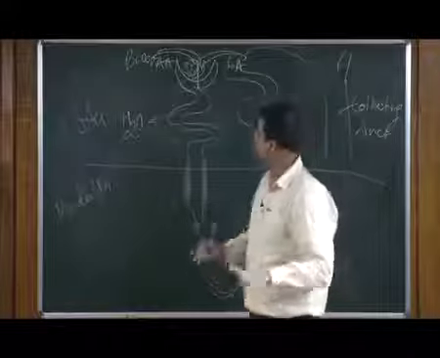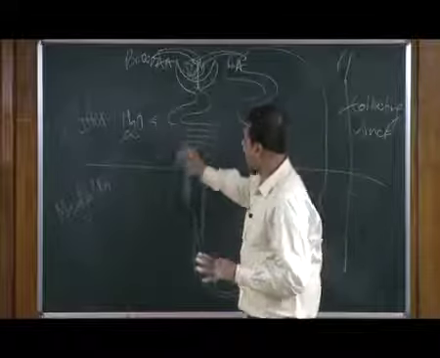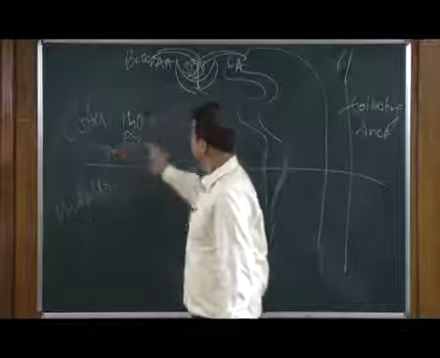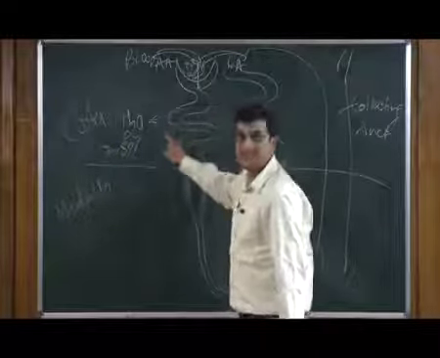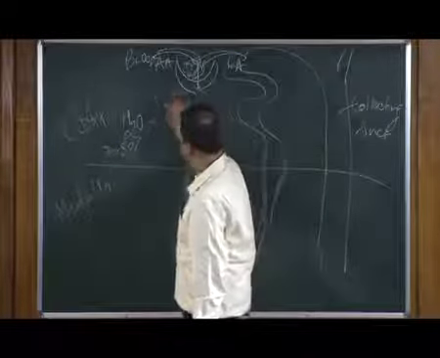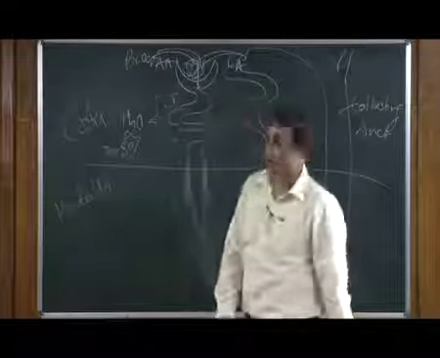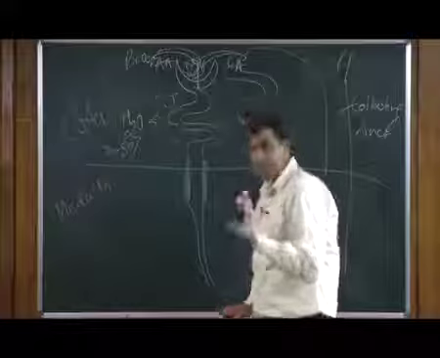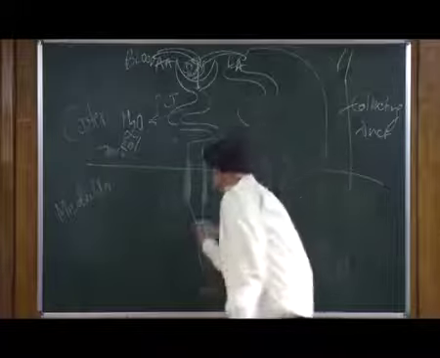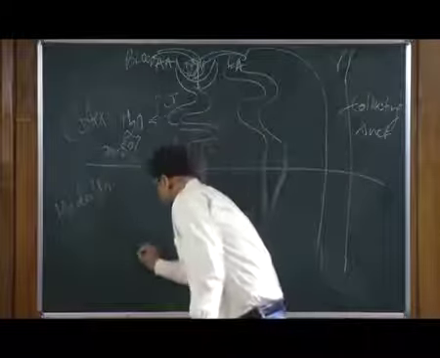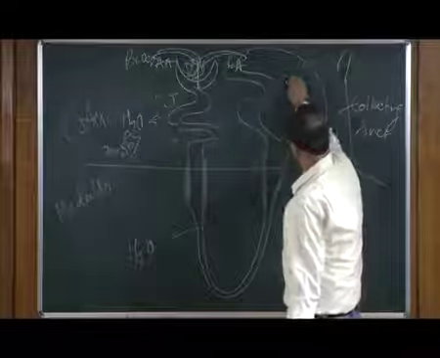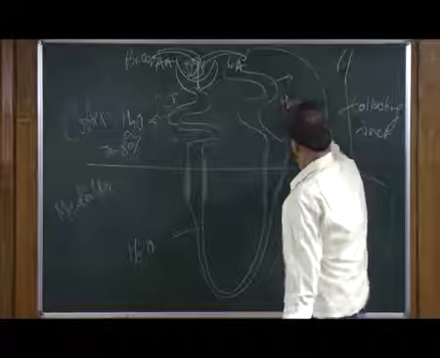In order to avoid any water loss, about 70 to 80% of the water is getting absorbed from the proximal convoluted tubule. Remember, this part is very important. Proximal convoluted tubule is absorbing 70 to 80% of water. The remaining part of the water is absorbed through this particular portion, and here, and here.